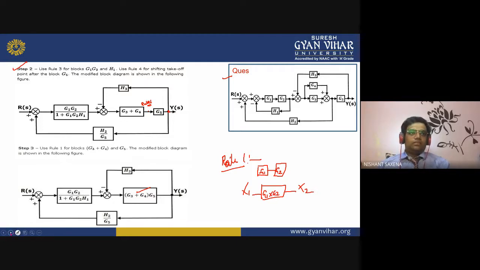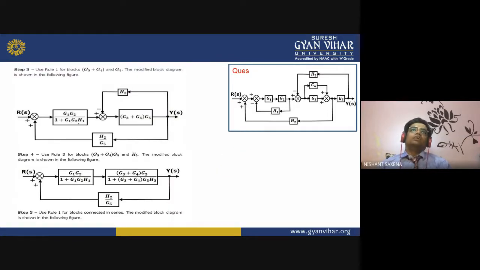Now, in the next step, step number 3 has been copied for your reference, and the question is also copied over. In the next step, we have applied rule number 1, and now we can see we have to resolve this individual loop. We have to apply rule number 3 for this individual loop.